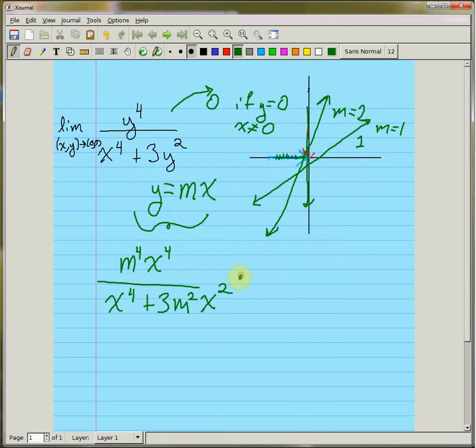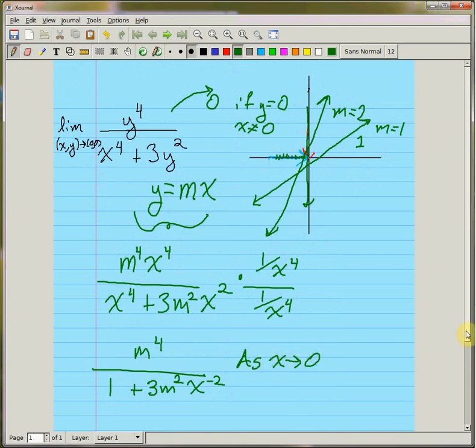Well, let's get rid of that x to the 4th and things will be more clear. So multiply both top and bottom by 1 over x to the 4th, and then on top you get m to the 4th power, and here you get 1, and here you get 3 m squared times x to the minus 2. And now what happens to this thing as x goes to 0?